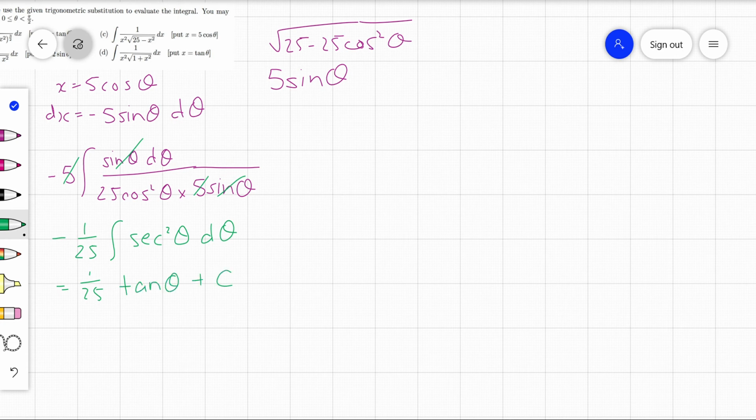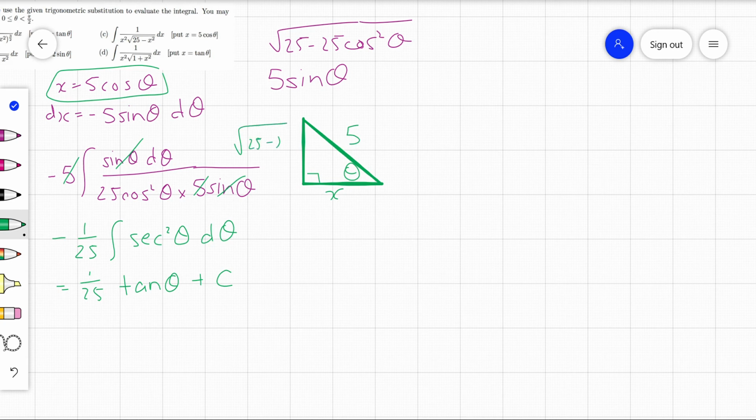But we want to put it back in terms of x. So let's go back to our beginning. We have cos theta is x on 5. Can't always hide. So this will be 5 squared, 25, minus x squared underneath the square root. Let's put that in. Oh, that should be a negative there, shouldn't it?